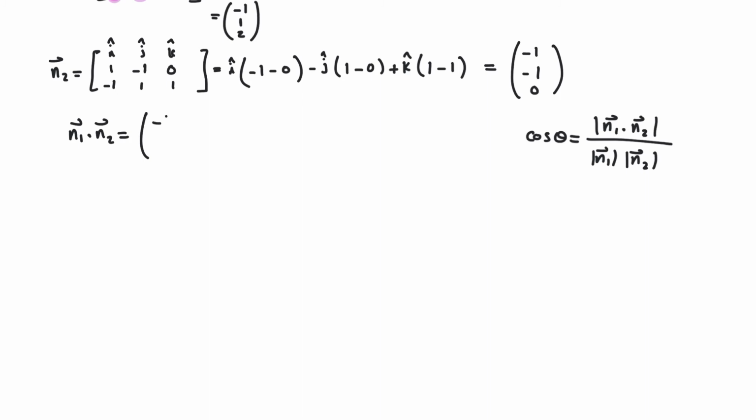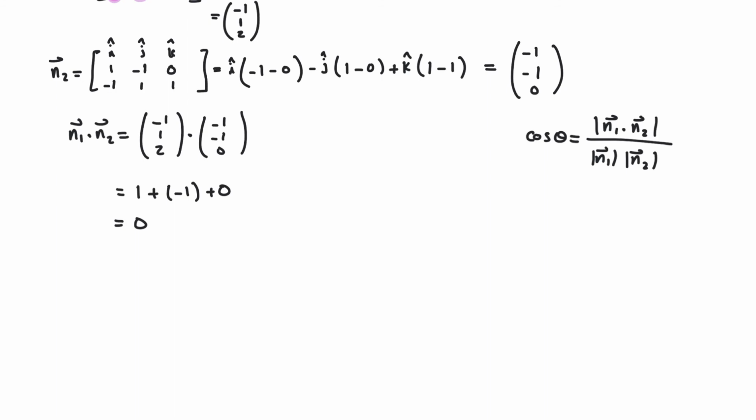The first one is negative 1, 1, 2, and the second one is negative 1, negative 1, 0. To get the dot product, I will multiply their x components together. That's negative 1 times negative 1 is 1, plus the y components together, 1 times negative 1, which is negative 1, plus their z component together, which is 2 times 0 is 0. And this will give me 0.